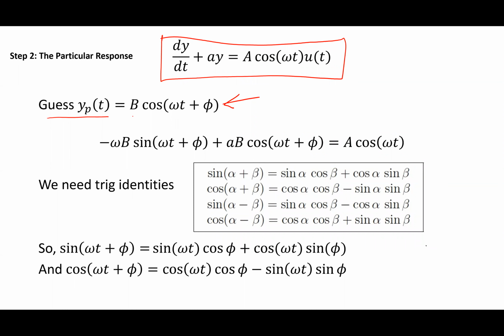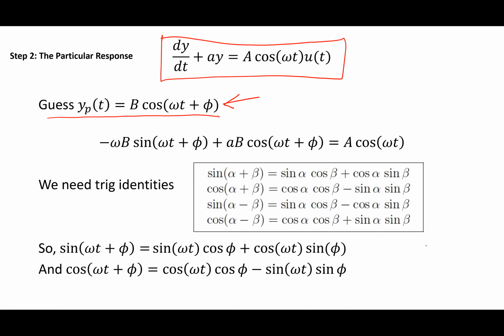If I guess this as my steady state solution, what am I guessing about my solution? The output has the same frequency as the input. But potentially two things can happen to that input as it makes its way through the system: it can get larger or smaller in amplitude, and get shifted left or right.